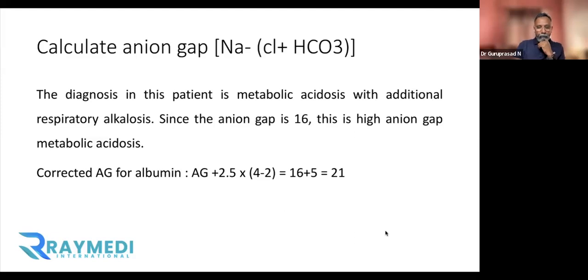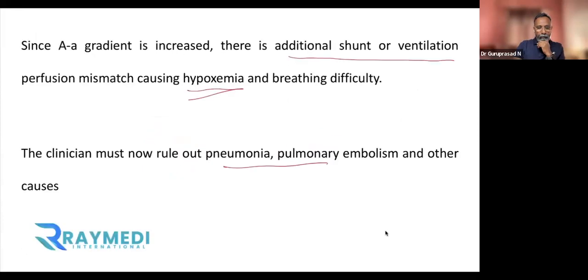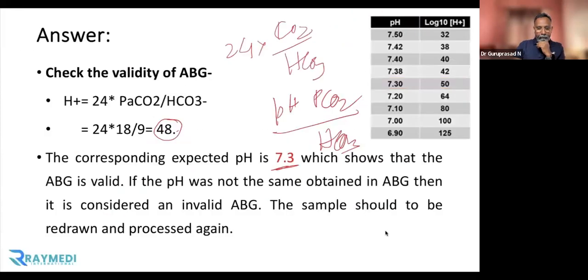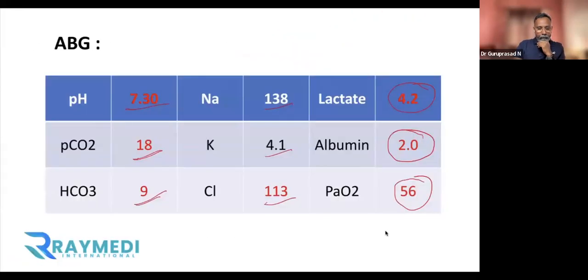Okay, so what are the values here given? The sodium is 138, minus bicarb is 9 and chloride is 113.